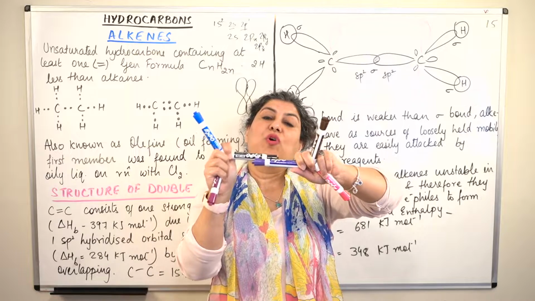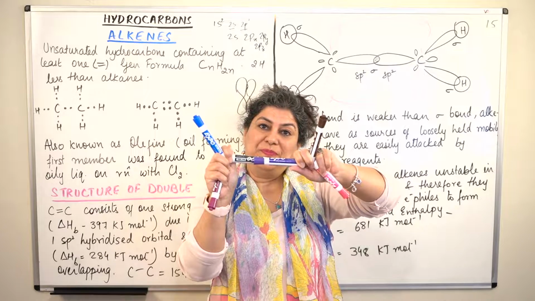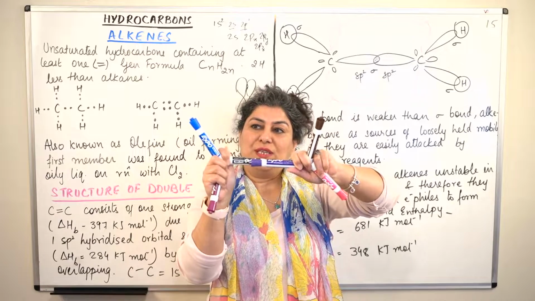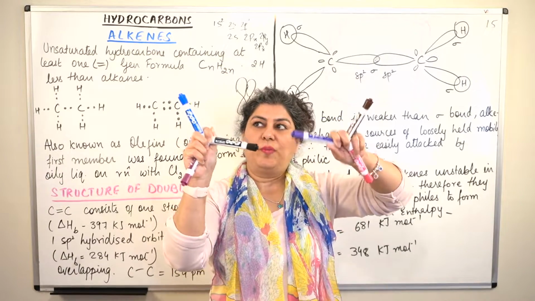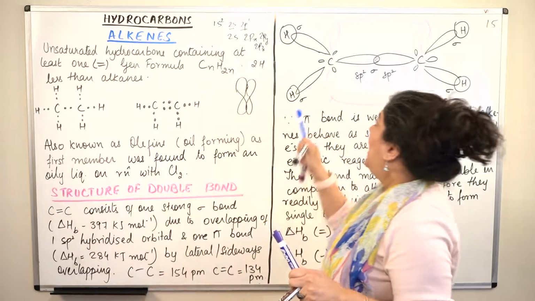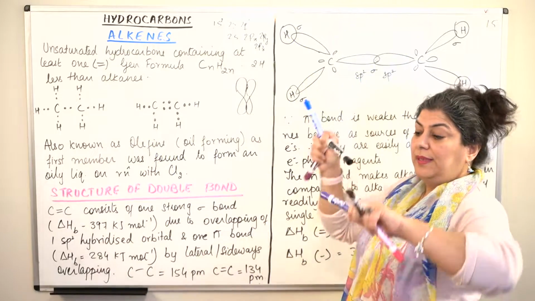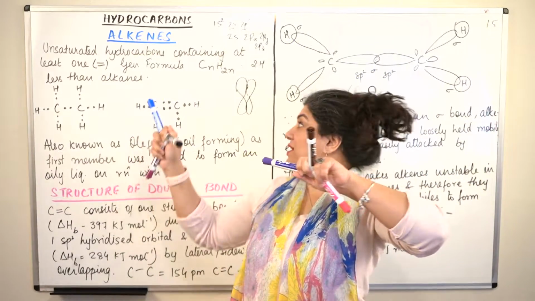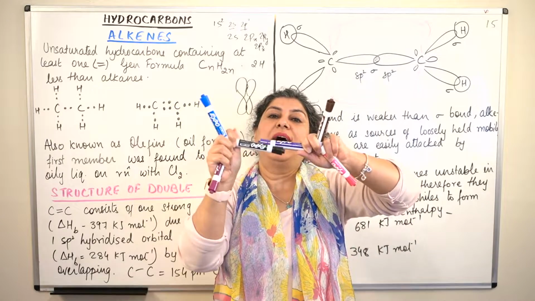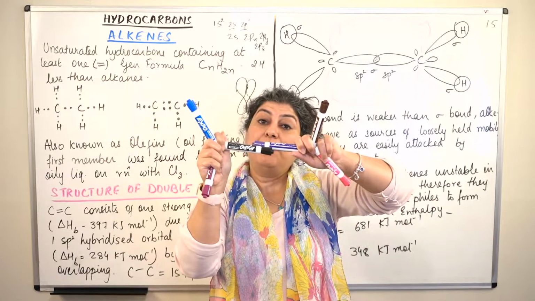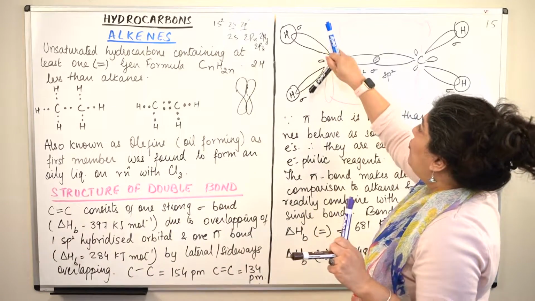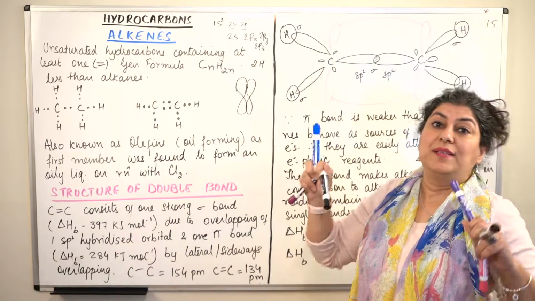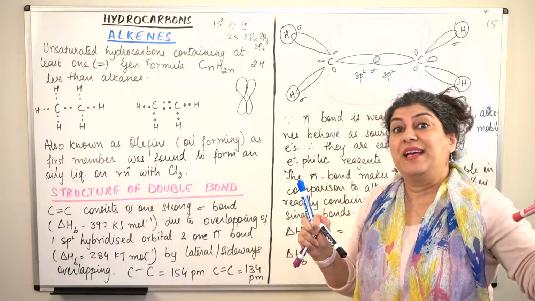That is the first bond between the two carbon atoms, right? The other two sp2 hybridized orbitals form bonds with hydrogens. And one of the sp2 hybridized orbitals overlaps and results in the formation of a sigma bond. But what about the pi bond? The pi bond is formed by the overlapping of this orbital which was unhybridized.